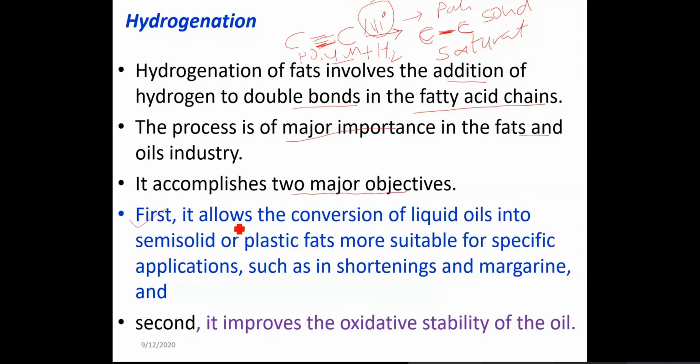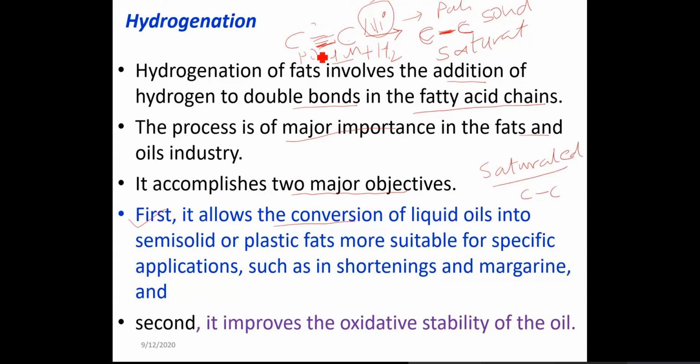The first is it converts a liquid. Carbon-carbon double bonds mean the oil is liquid. The more double bonds, the more liquid it is. The moment you convert this double bond into a single bond, as we have seen with saturated and unsaturated fatty acids, a saturated fatty acid has no double bond.